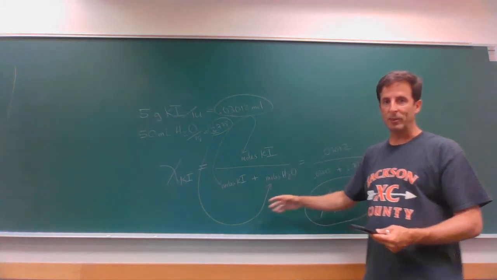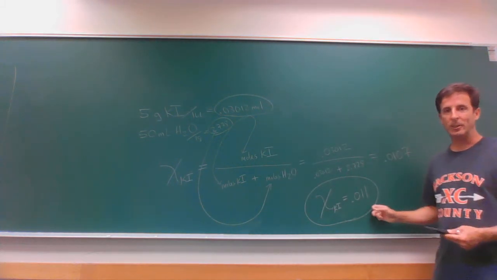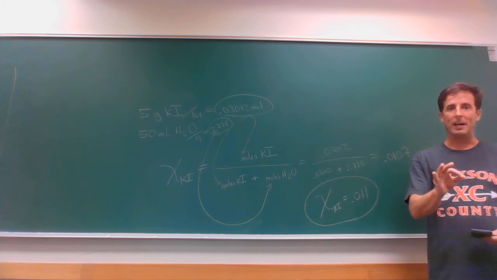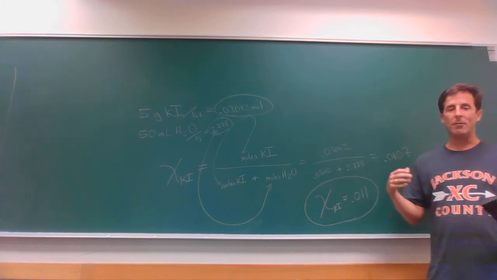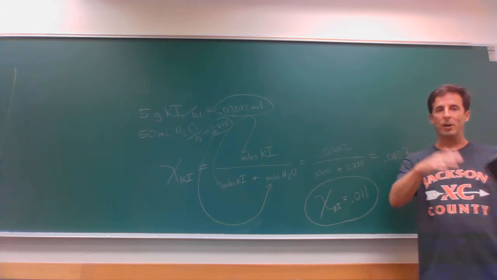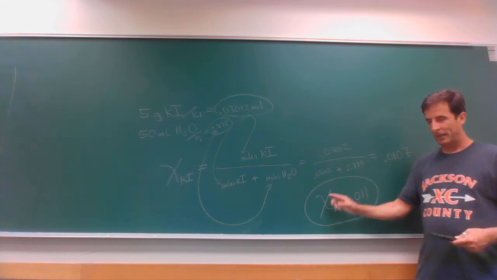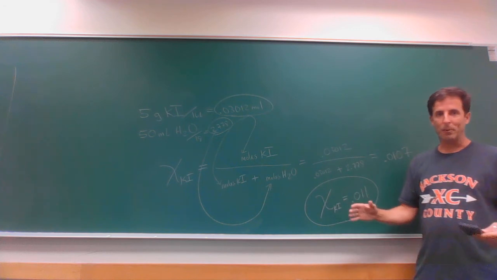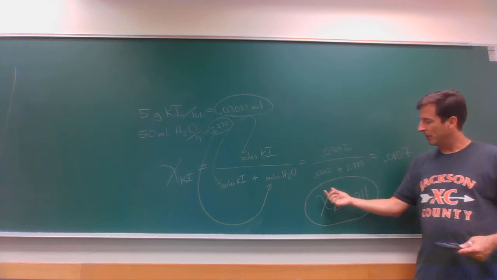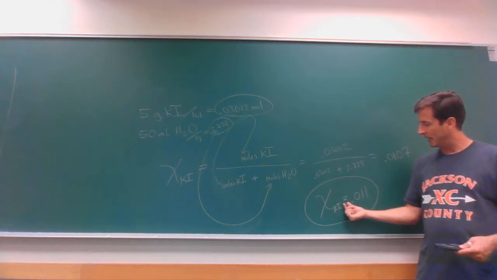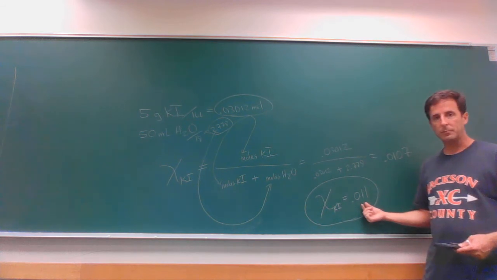Since the moles cancel, mole fraction doesn't have any units, but I am a little bit picky about how you write it. You never report an answer as just a number without telling me anything about it. So specifically, I want you to write the symbol chi, which is pretty much like a capital X, for the mole fraction of KI equals 0.011.